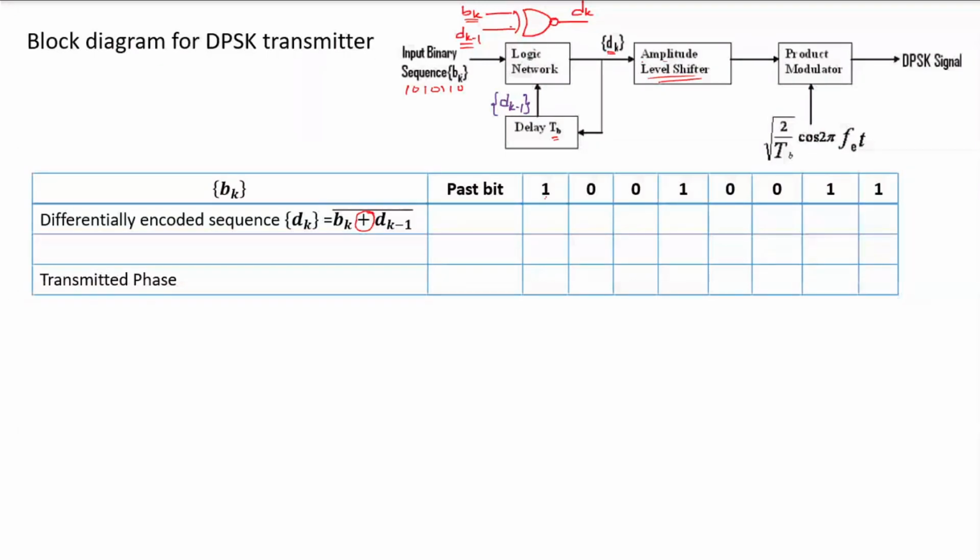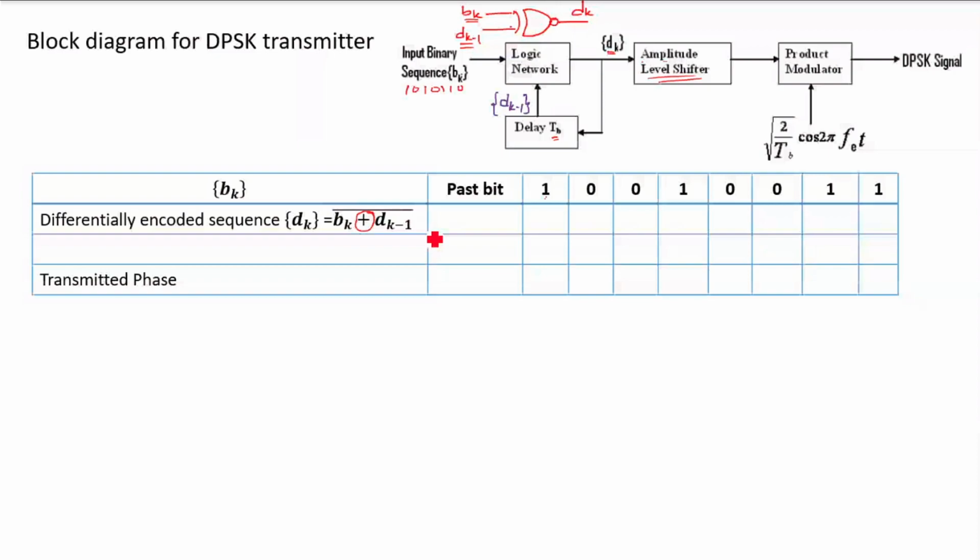I have drawn the table, so you can see the binary sequence. The differentially encoded sequence D sub k is nothing but differentially encoded. Differentially encoded in the sense that the past output of the logic network is used. So D sub k is nothing but b sub k XNOR with d sub k minus 1.